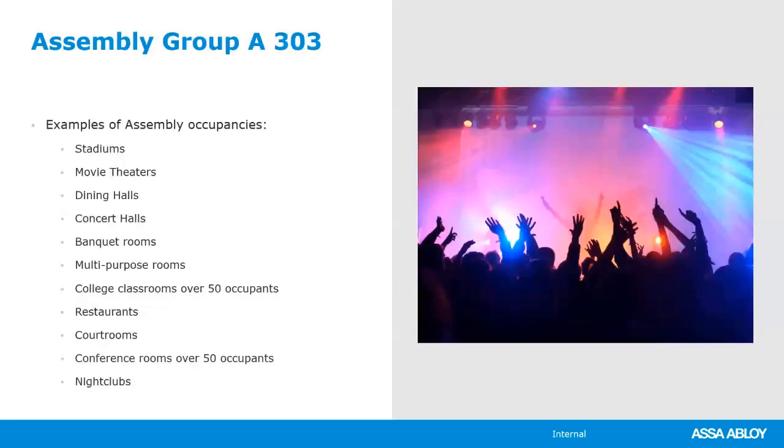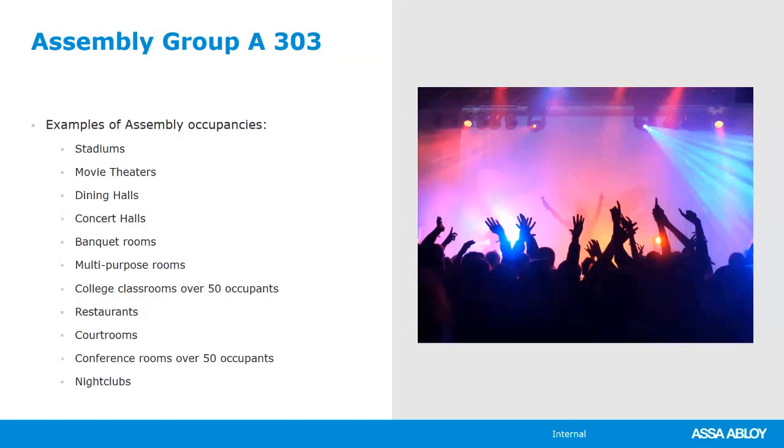An assembly occupancy is high risk. It's high risk because you're dealing with a lot of people, you're dealing with crowds of people, and the definition is when you have 50 or more people for the purposes of gathering together, such as civic, social, or religious functions. Also for recreation, food or drink consumption, or awaiting transportation.